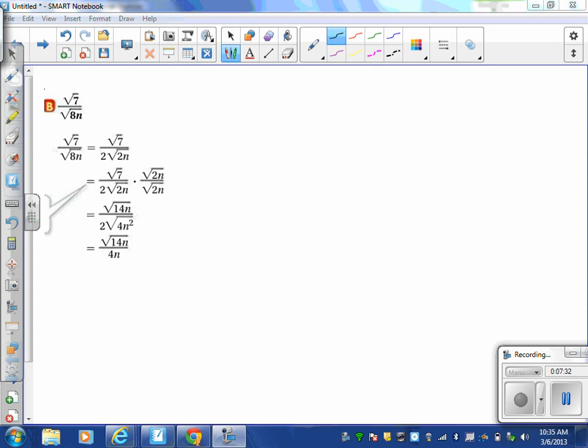Let's take a look at this problem. In this problem, they give us square root of 7 over the square root of 8n. When looking at this problem, you can take a look at the square root of 8n and see if we can break that down. What numbers times each other, where one's a perfect square, can change the square root of 8n? By looking at that number, we can decide and know that 4 times 2 is 8, so I would rewrite it with a square root sign to look like this.